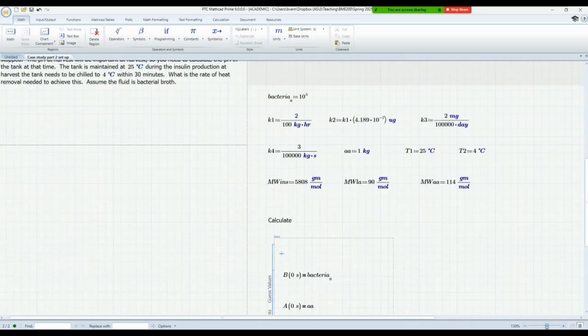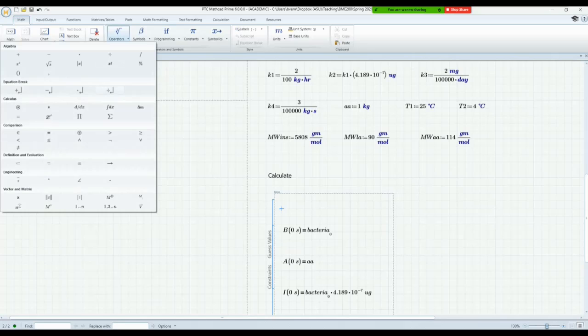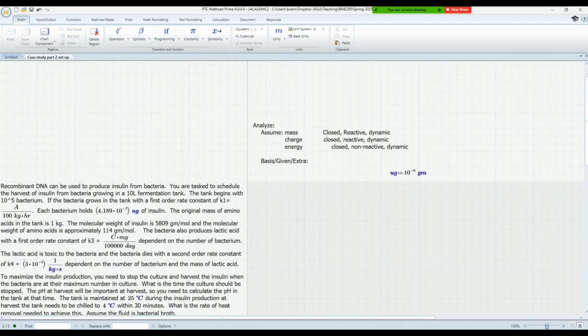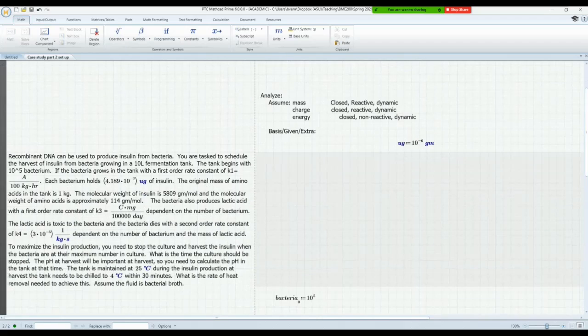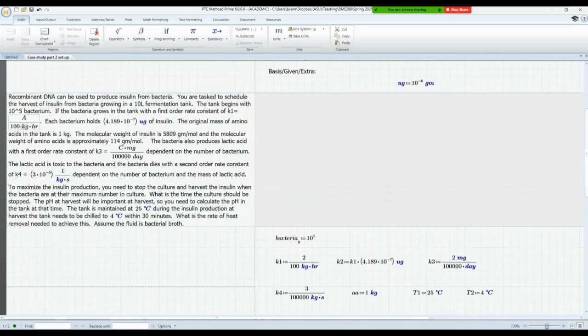If it's first order, the differential equation is going to be dB/dt equal to, now the growth is first order on K1, it says here, with a first order rate constant. If it's first order though, this kilogram should be gone. That's a second order rate constant with that kilogram written there.